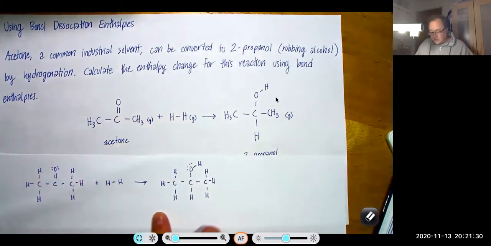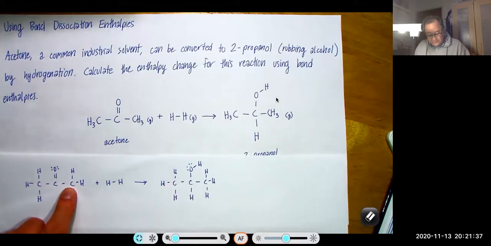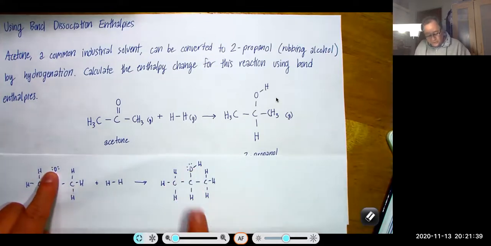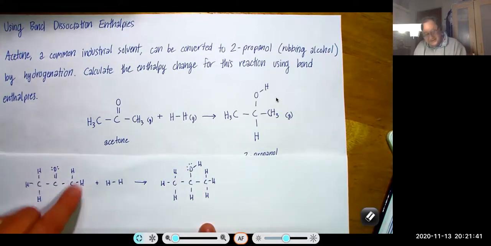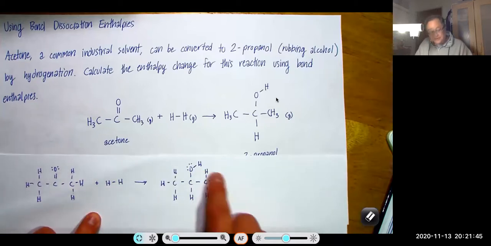So here's the structure of 2-propanol. If you look to make sure that it's balanced, you'll notice 1, 2, 3 carbons, 1, 2, 3 carbons, 1 oxygen, 1, 2, 3, 4, 5, 6, 7, 8 hydrogens, and 8 hydrogens.